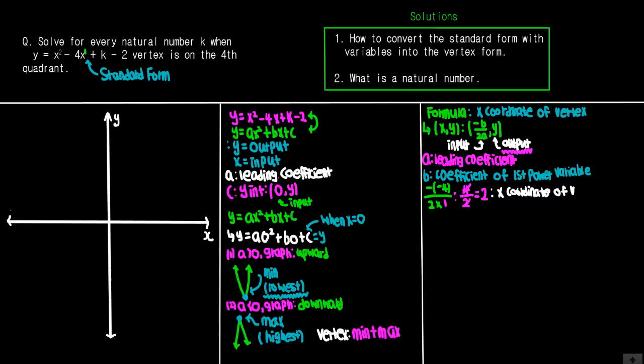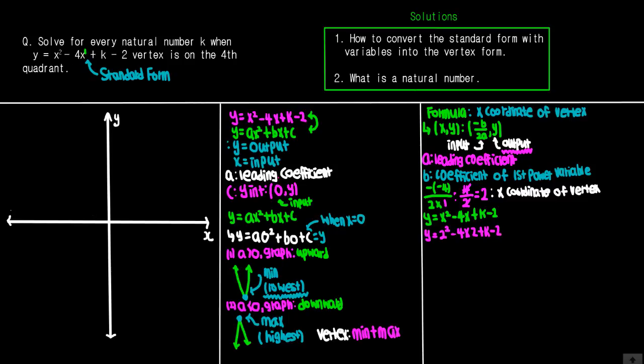Since x is the input of our function, all we have to do is input this back to solve for our vertex. Our original function was y equals x squared minus 4x plus k minus 2. We input the value 2 for x, which gives y equals 2 squared minus 4 times 2 plus k minus 2.